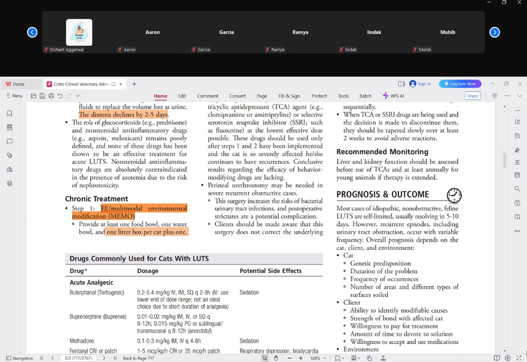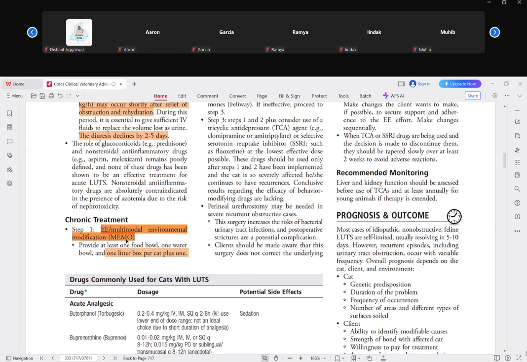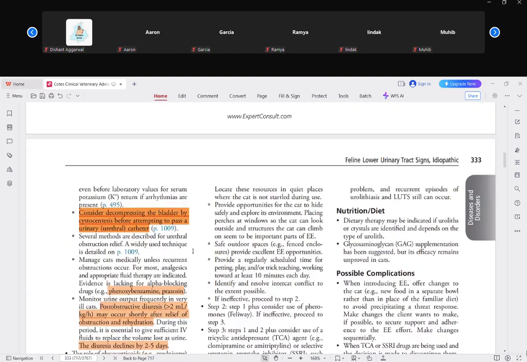If I say 6 cats are there in the house, you need to give 7 litter boxes in the house. Okay, just remember that. So multimodal environmental modification involves giving enough litter boxes, and just remember, place the litter boxes on the sides, not in the middle of the house. Okay, that's also the multimodal environmental modification.